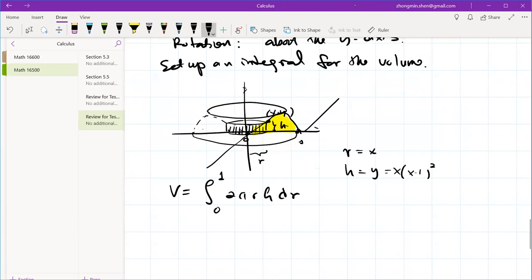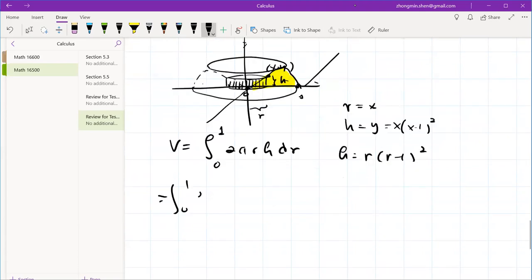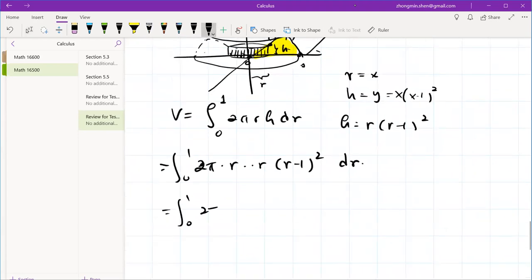So clearly, you can also express h in terms of r, like r times (r minus 1) squared. Okay. If you want to use the r variable, that's fine. So that's going to be the integral of 2 pi r, and h is r times that. You can also express it as the integral with respect to x. Okay, so we're done.